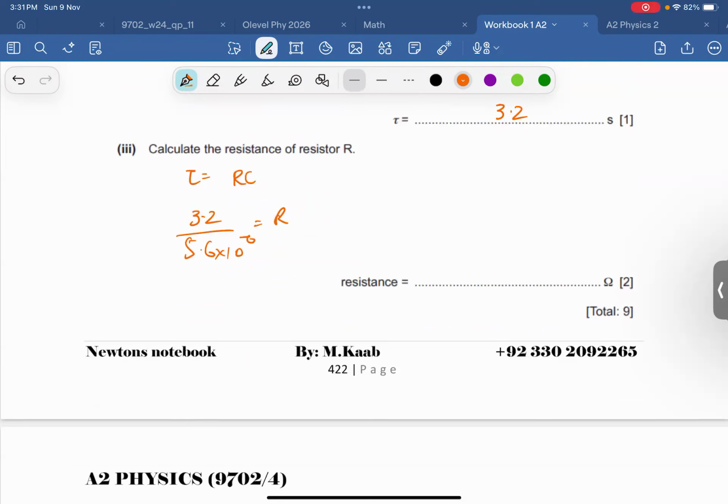If I calculate it, I am getting this value as 5.7 exponent 4.